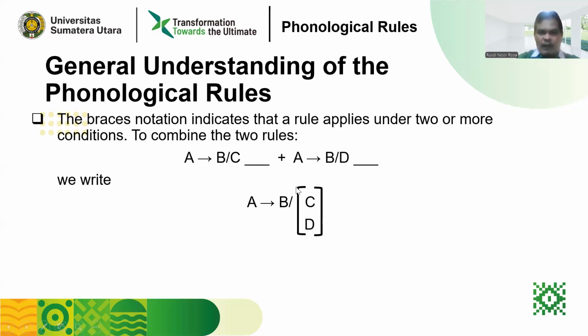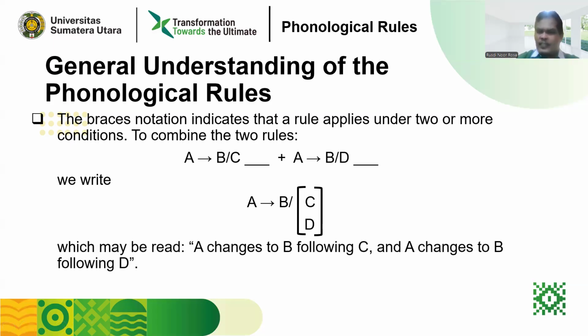So the use of braces indicates that A becomes B whenever A is situated after C or D. So it is not a matter of optionality. Once again, we read the rule: A changes to B after C or following C, and A changes to B following D. So there are two conditions where A changes to B.